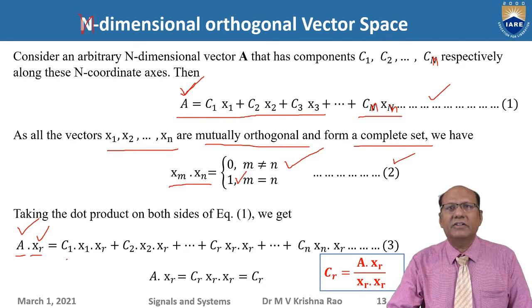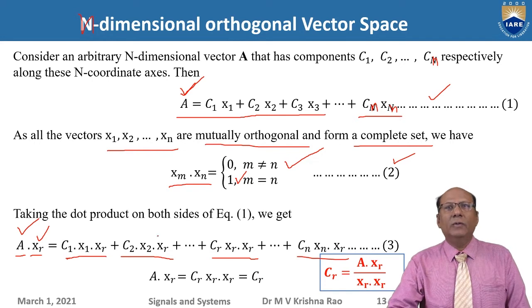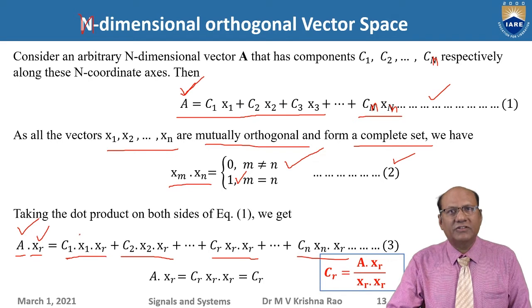The right hand side is equation 1: C1 x1 xr, C2 x2 xr, like that, and another term, Cr xr xr, then Cn xn xr. In this, if I take the cross terms, the dot product of x1 and xr is 0, so this term is 0.